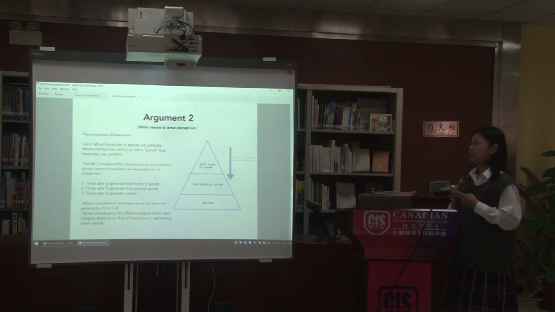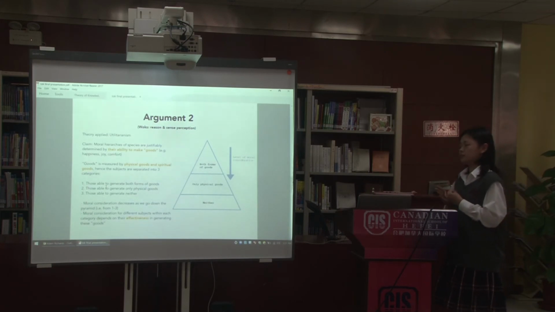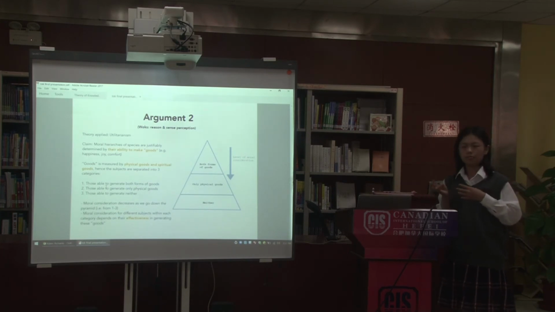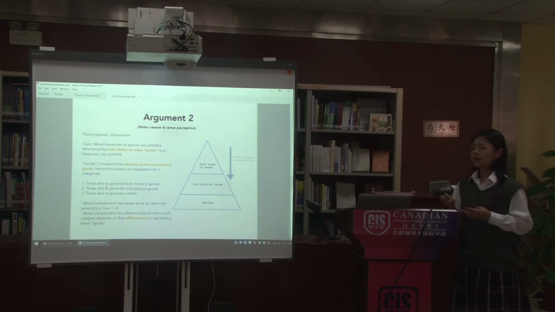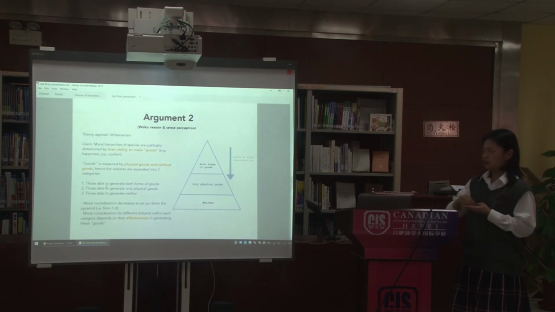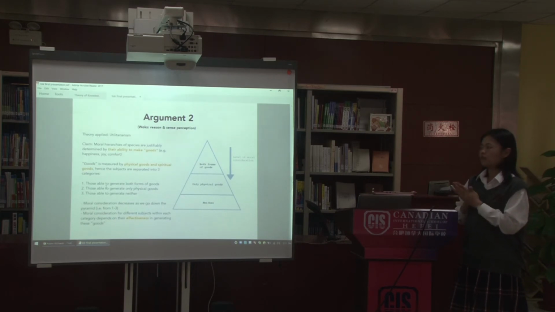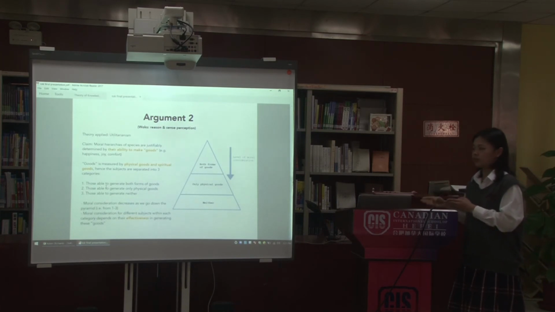For example, both monkeys and humans would fall in the top category because these two species can experience both physical pleasure and spiritual pleasure. However, the spiritual pleasure of monkeys or chimpanzees is limited to socializing and grooming with each other, while humans can go further.